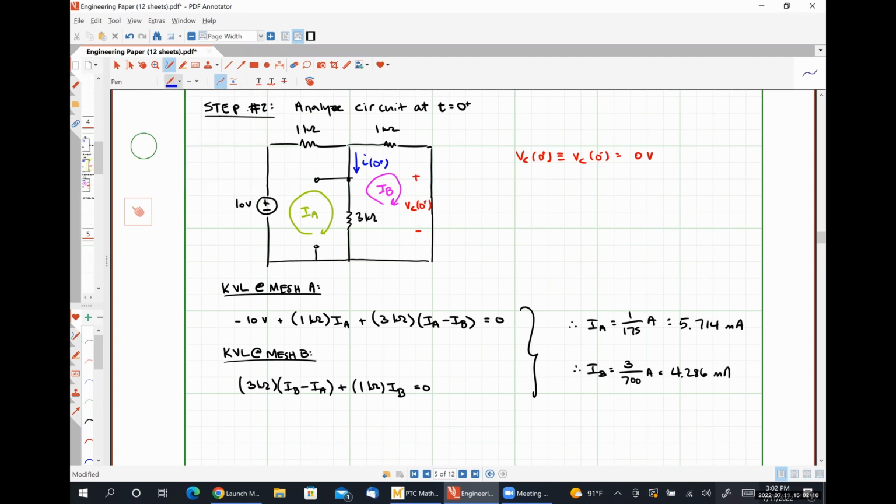I at 0 plus is simply IA minus IB, which I get to be 1.429 milliamps.